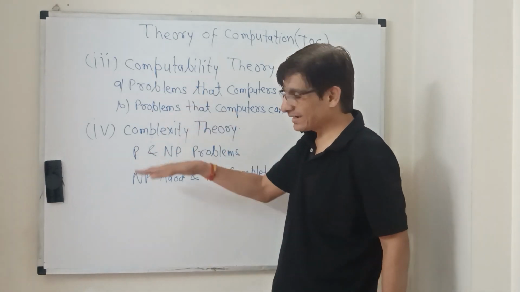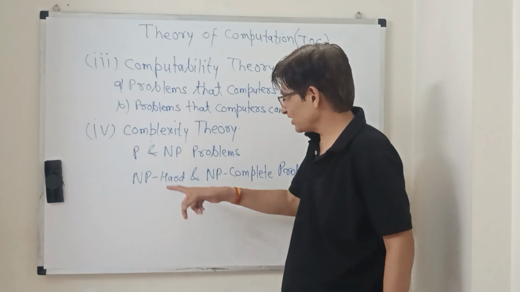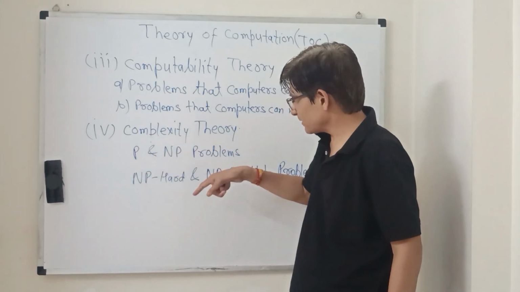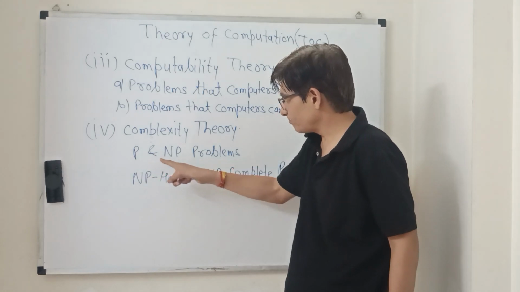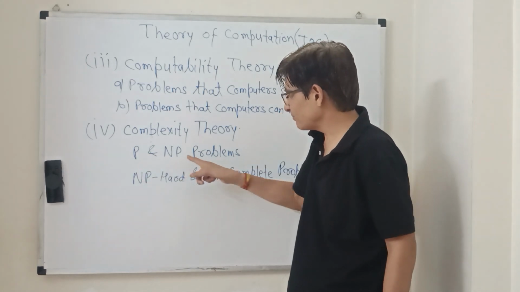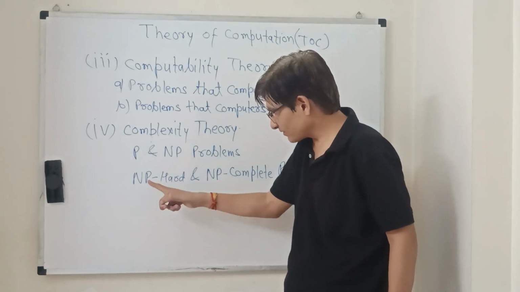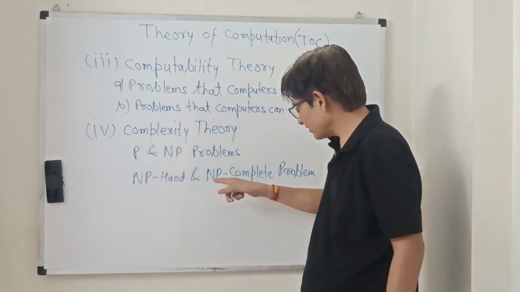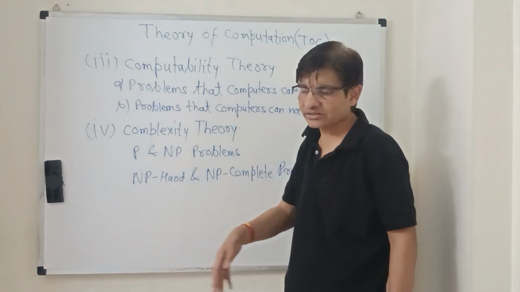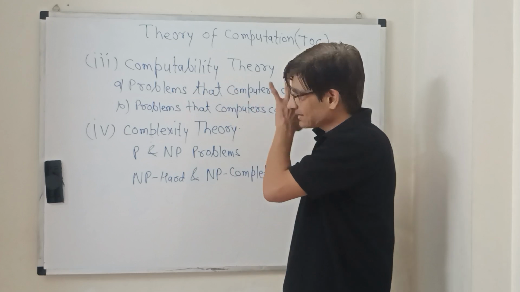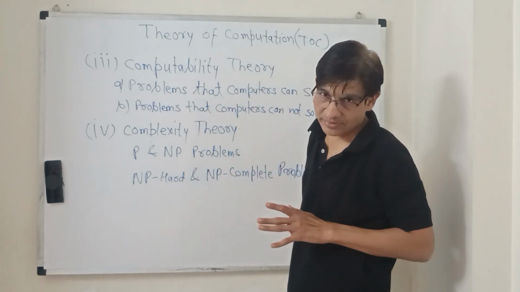We will take some part of complexity theory also, where we will discuss types of problems like P and NP problems, then the subcategories of NP problems, NP hard and NP complete problems, and their examples. In this lecture series, we will cover all these topics.